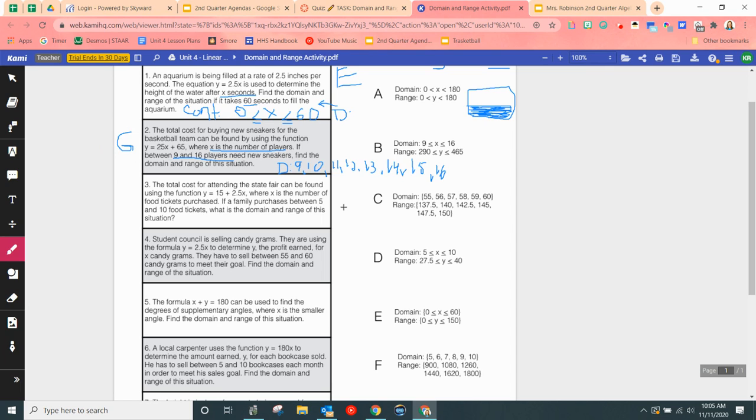So let's verify by finding the cost. Let's find our range for a couple of these. So let's figure it out. If I have 9 players on my team, how much are my sneakers going to cost me? Well, I have to multiply 25 times X, which is the number of players, and then add the $65 to it. So 25 times, how many players did I have? 9.